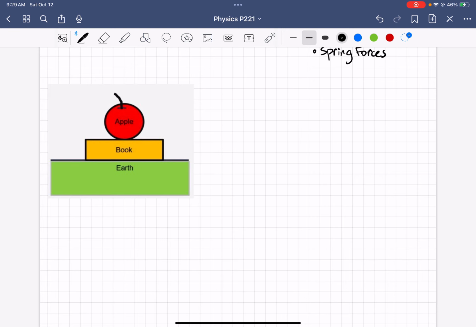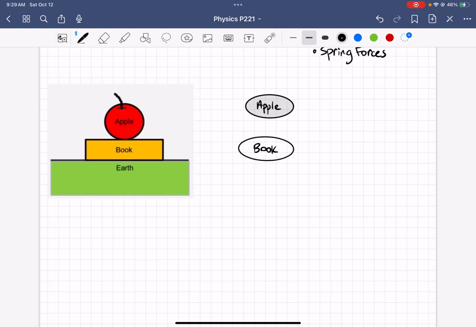and then we've got a book. And then we also have the Earth here, but I'm actually going to draw that as two separate objects. So I'm going to have the Earth as one object that is certainly taking part in the scenario, but I'm going to list the ground as a separate object here.